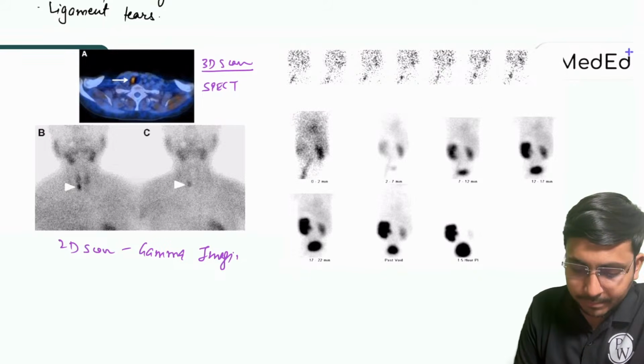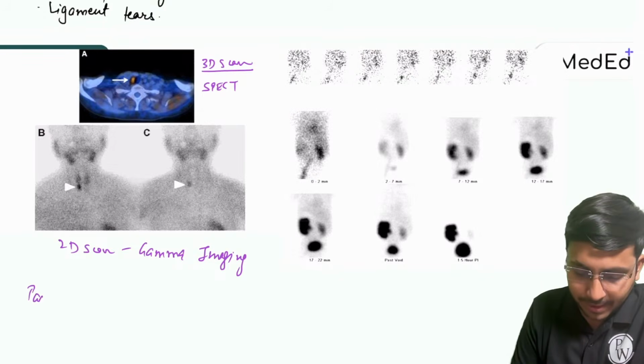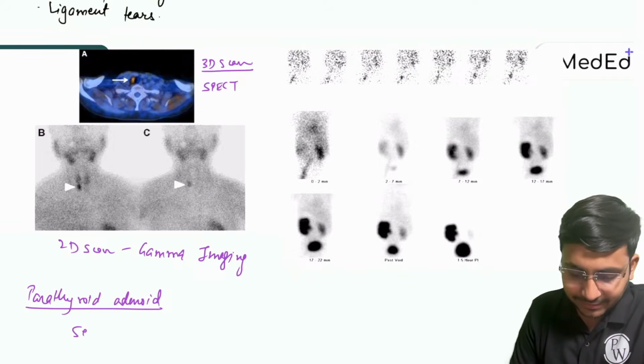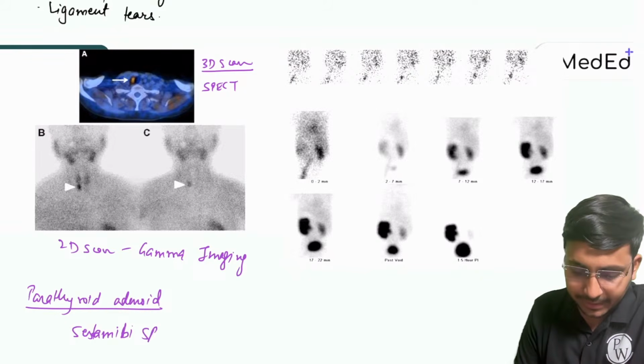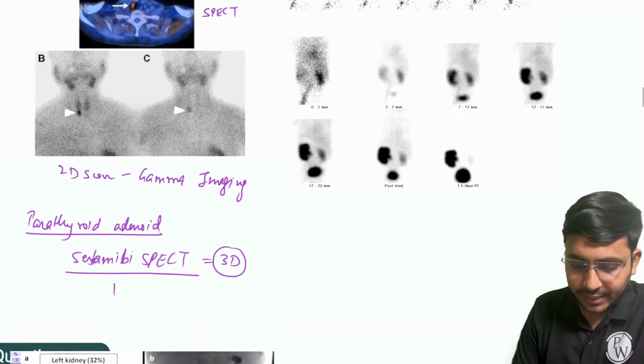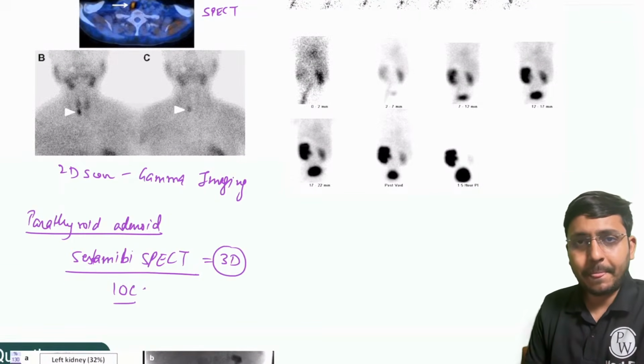Now for parathyroid adenoma, what is the investigation of choice? It is sestamibi SPECT. So sestamibi SPECT is a 3D image and this is the investigation of choice.